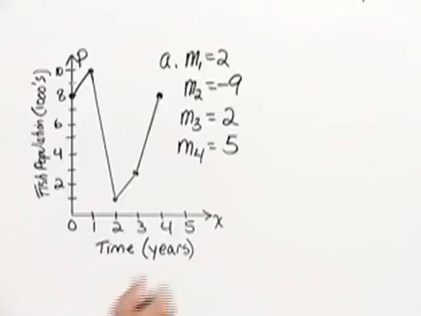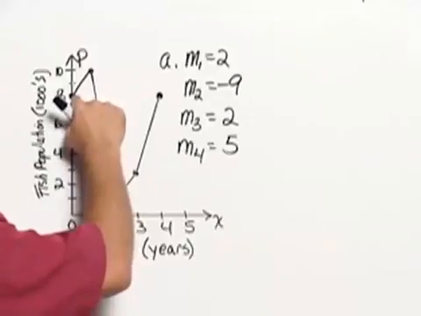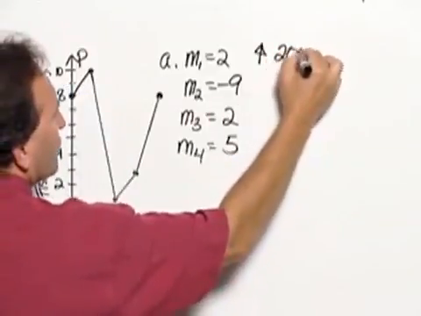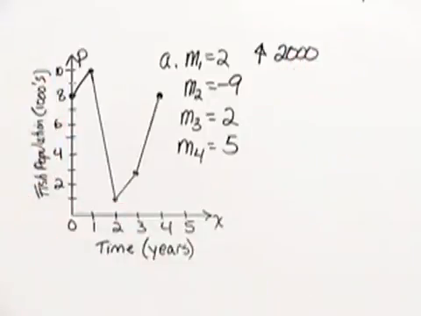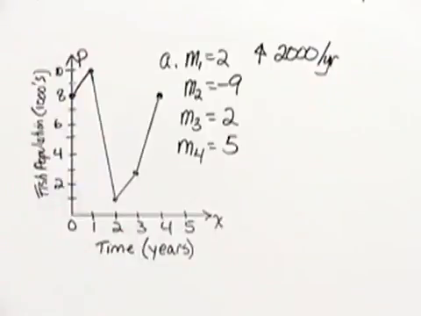So really what that's saying is, in that first time period from 0 to 1, there was an increase of 2,000 fish per year. What about the second time period, the slope M2?